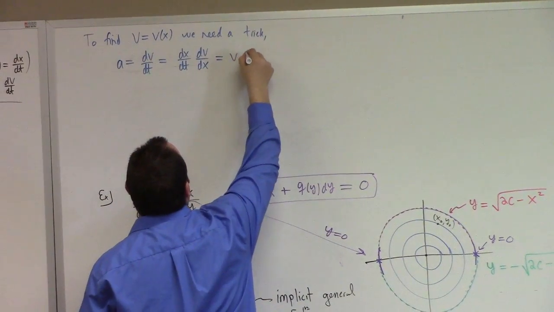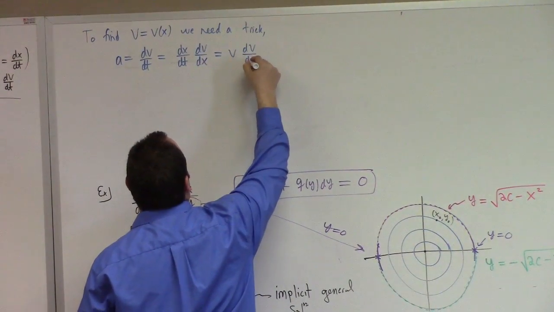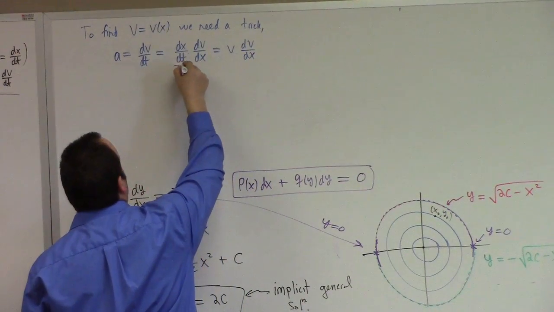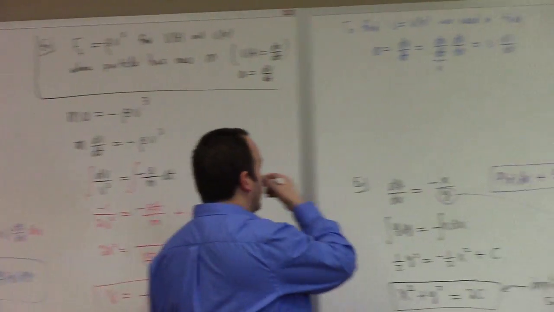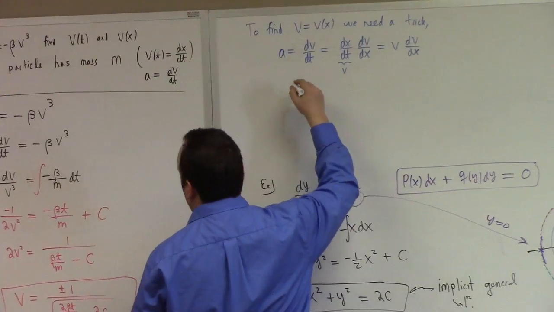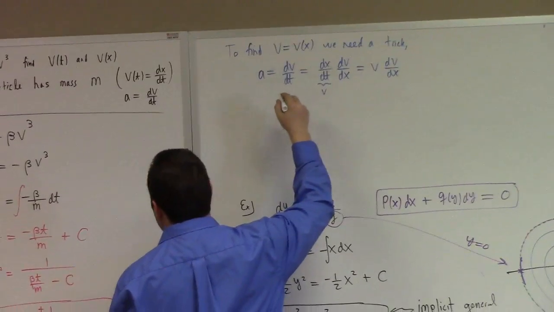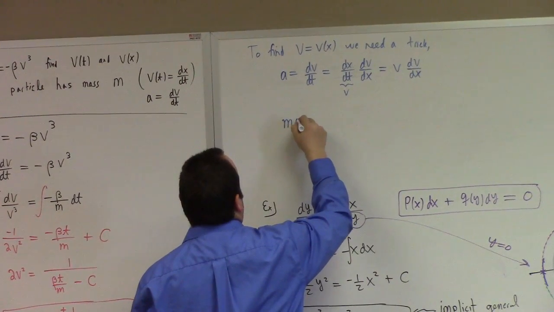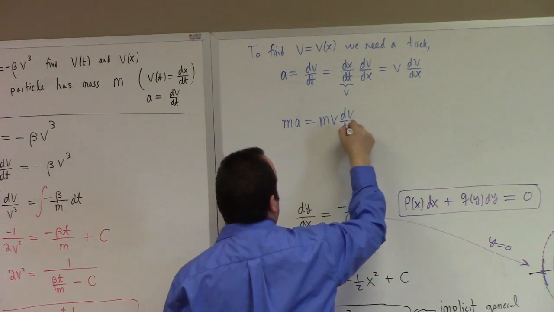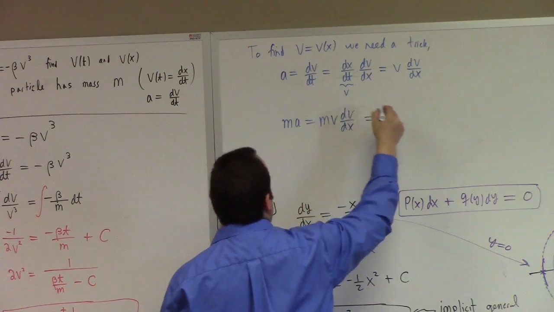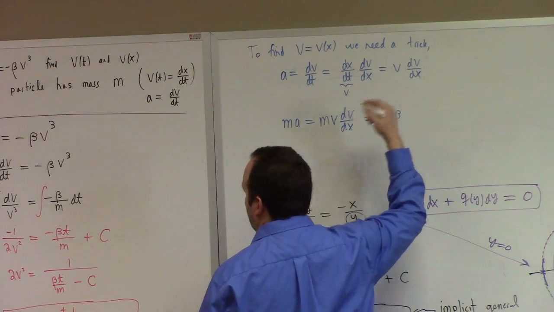this is v dv dx, which is very nice. See, that's v, right? So we find that what we're really facing here, on the other hand, we have ma is actually equal to m v dv dx, which is minus beta v cubed, continuing my example.